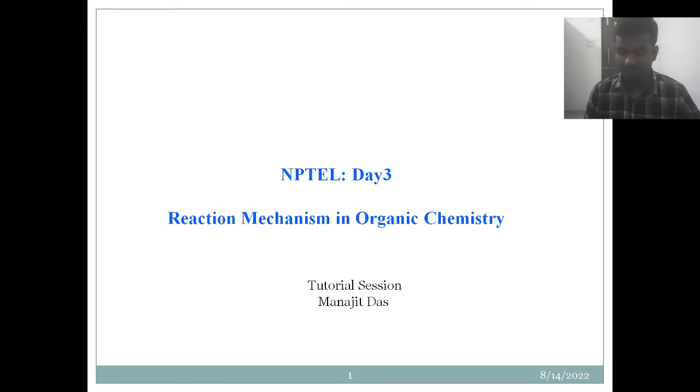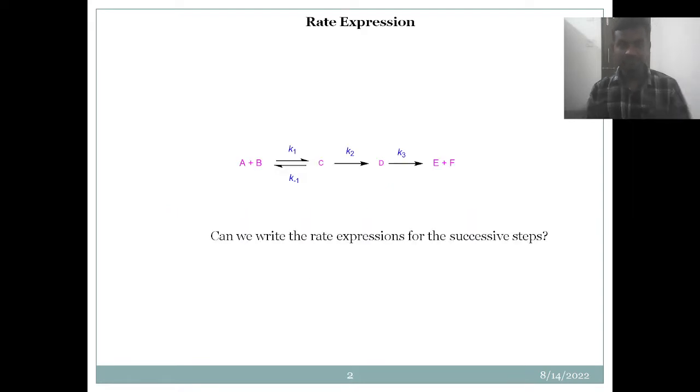So introduction is over. Let's start with the question. This is a simple question, and I would say this question can even be asked in class 12th standard. It's a pretty simple one. We are given a multi-step reaction.